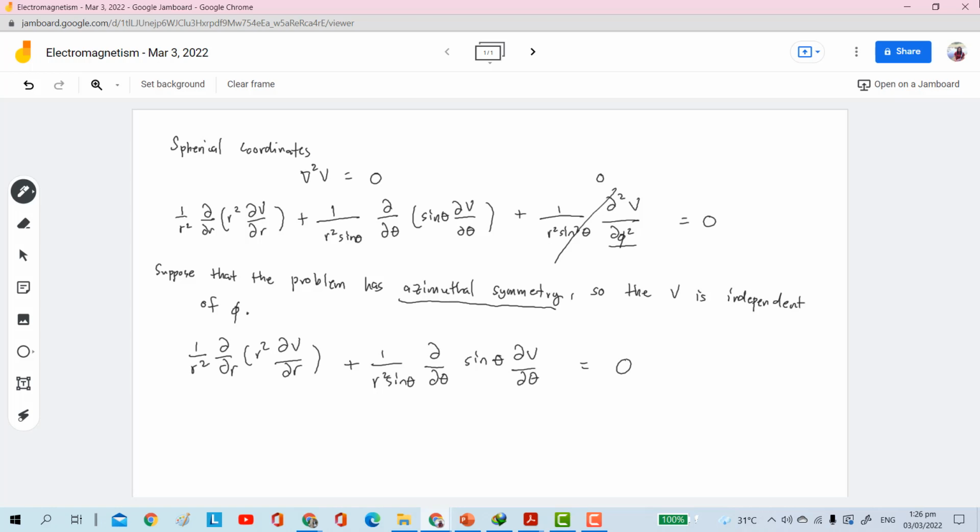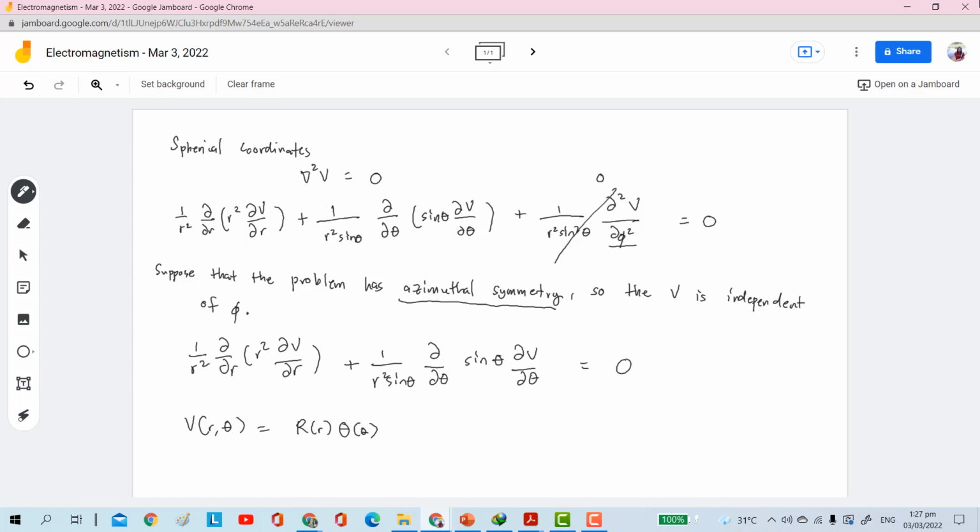Now, we can assume that V, which is a function of r and theta, can be separated. Its solution has this form, so we can separate it: R as a function of r multiplied by Theta as a function of theta.